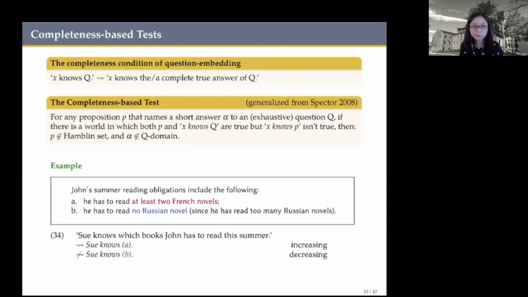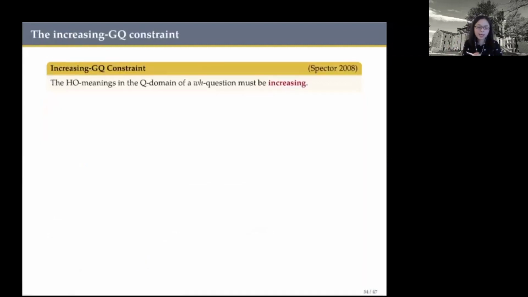So this shows that we shouldn't include the decreasing quantifier no Russian novel. And also it does not imply that Sue knows the coordination of these two, just because of logic. So to root out decreasing quantifiers and the non-monotonic quantifier, which is the coordination between A and B, Spector argues that the higher-order meanings in the Q domain of an adaptive question must be increasing.